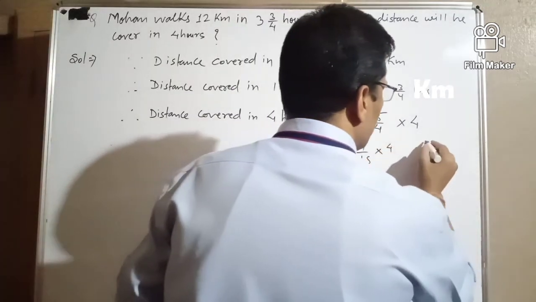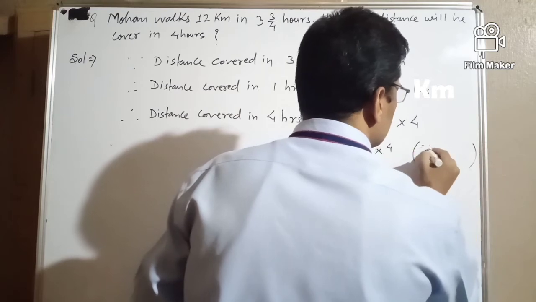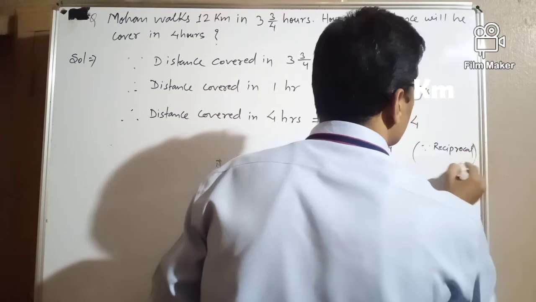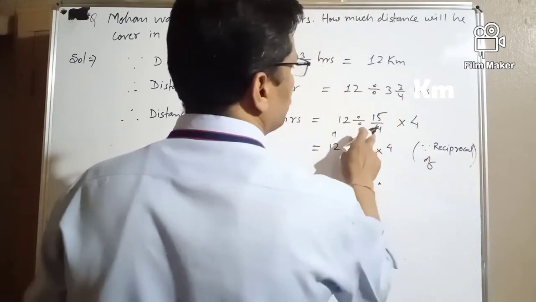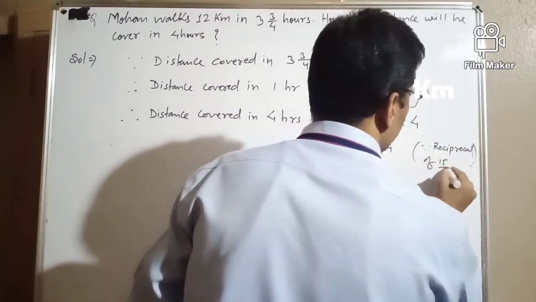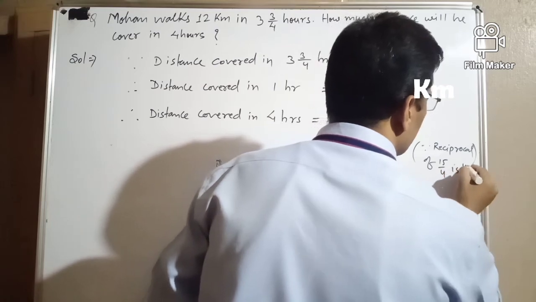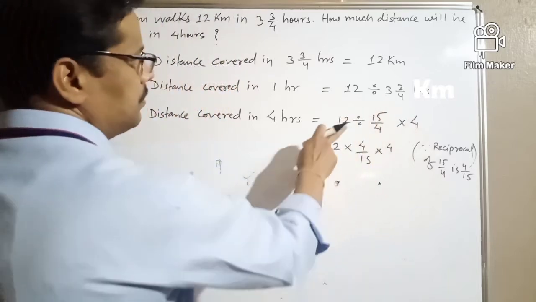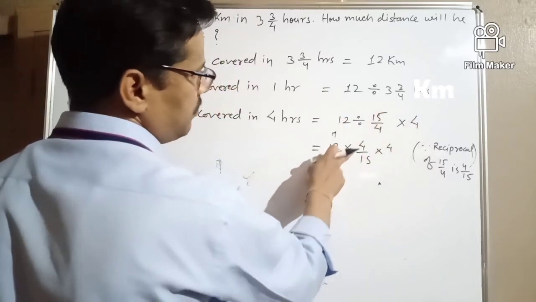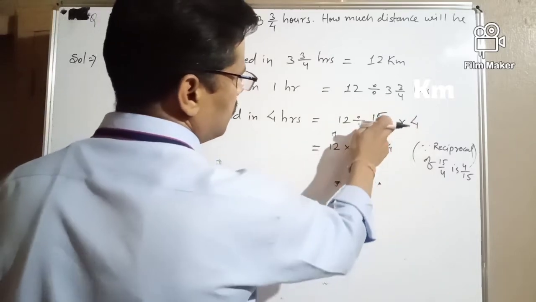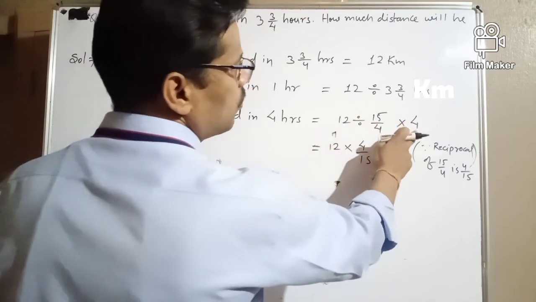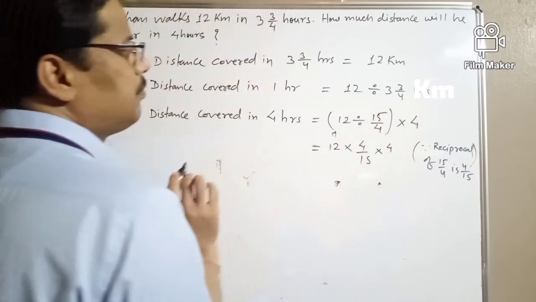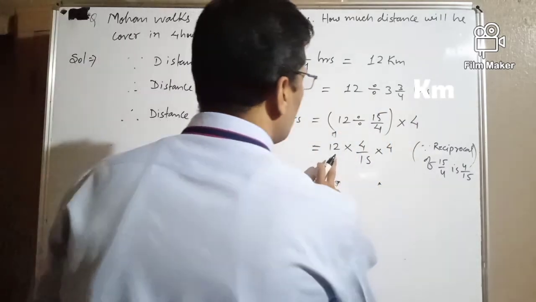Here in bracket you can write, hence reciprocal of 15/4 is 4/15. We are using the reciprocal property. Keep remembering, division sign can be converted into multiplication by using the reciprocal property. We will write the reciprocal of only this number, not 4. Also you can place the bracket if you have any confusion.